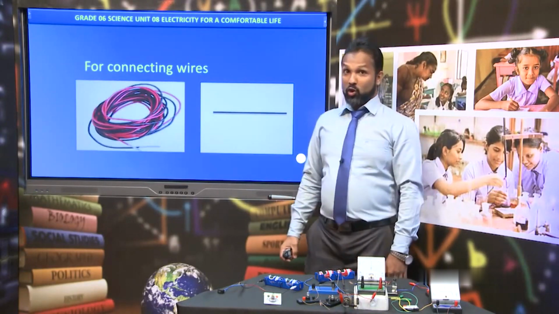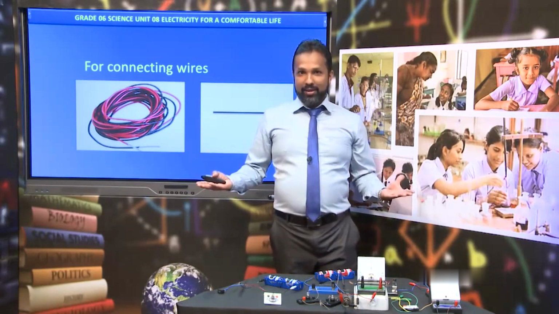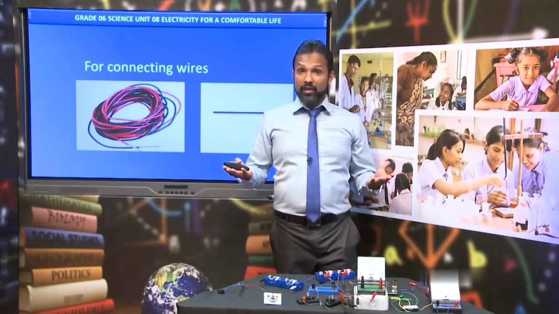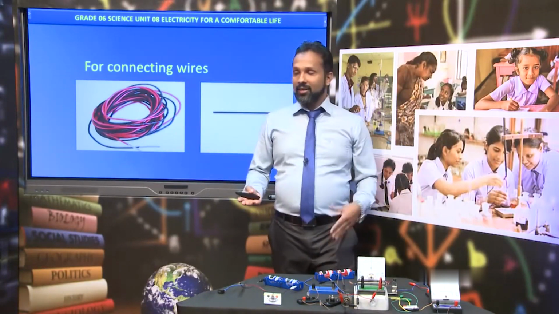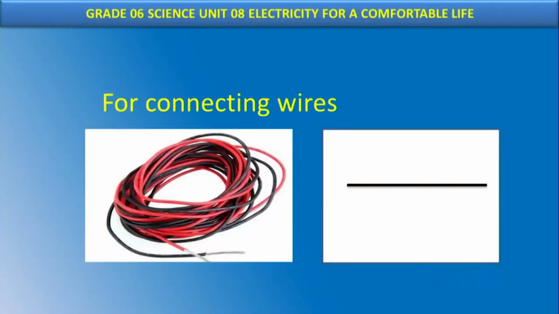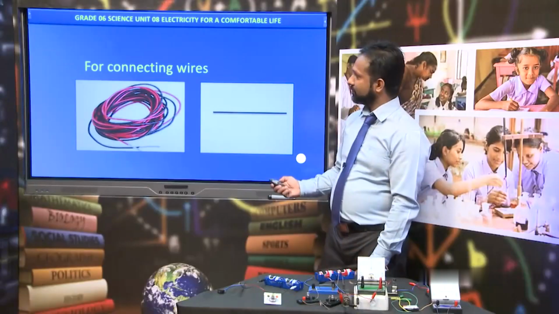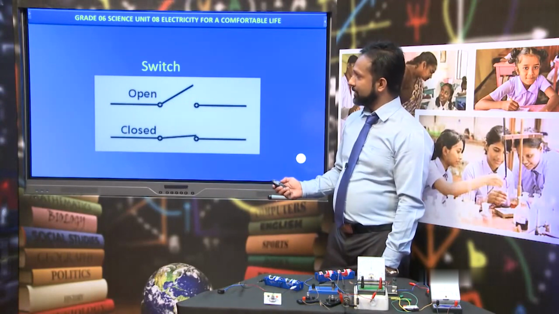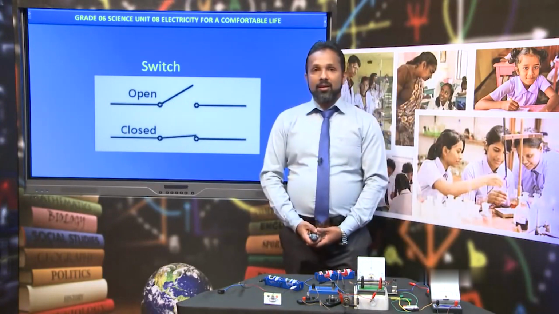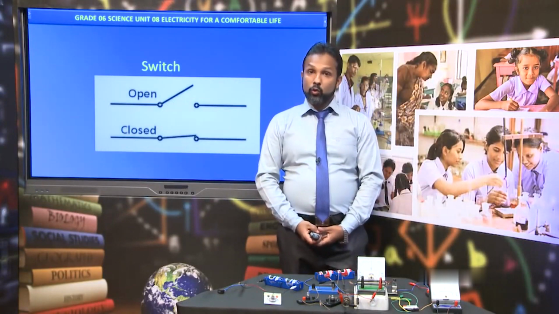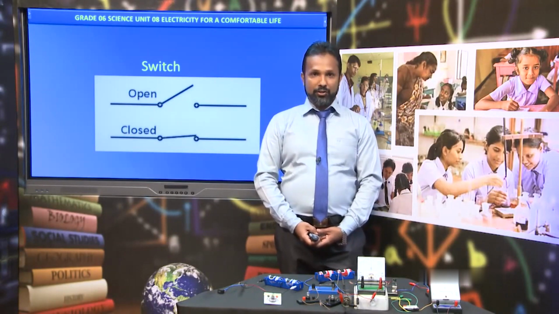Now, you know, we use connecting wires as a very important electrical accessory. So, the symbol of the connecting wire is a short, straight line. The straight line can be used as the symbol of connecting wires. Switches. There are two symbols for a switch.